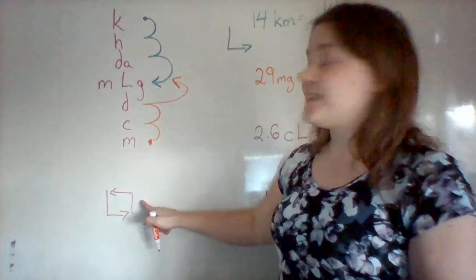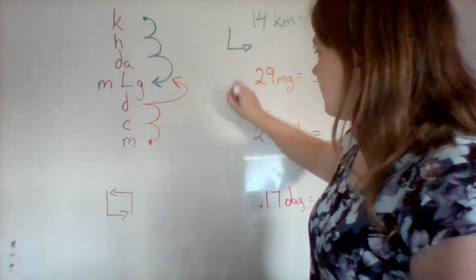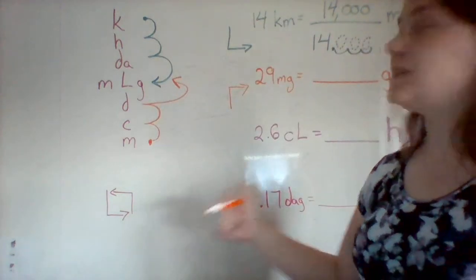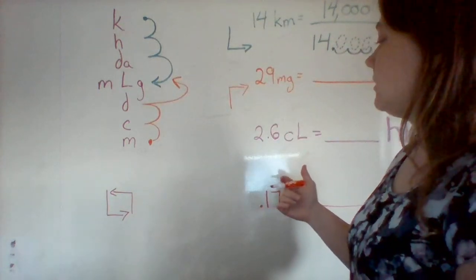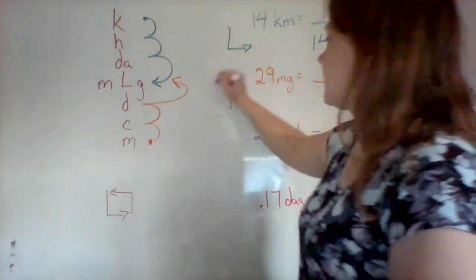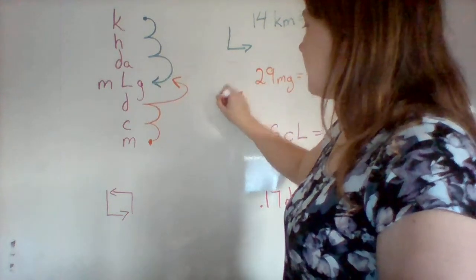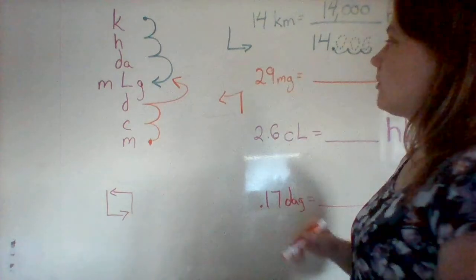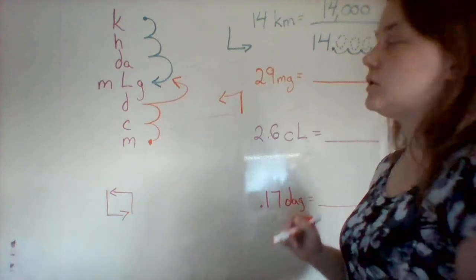So now I'm going to take this 7, because I went up 3, I'm going to move my decimal. That's not a 7. There we go. That makes a lot more sense. So because I went up 3, I'm going to move my decimal 3 times to the left.